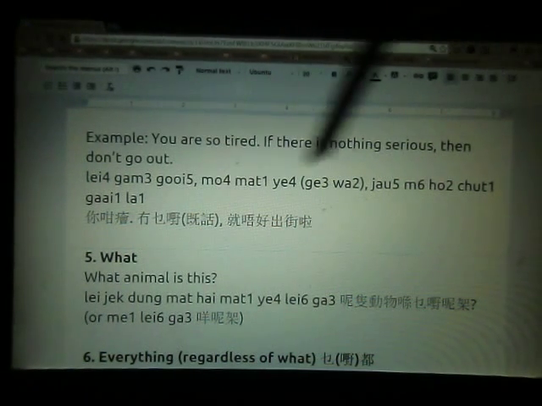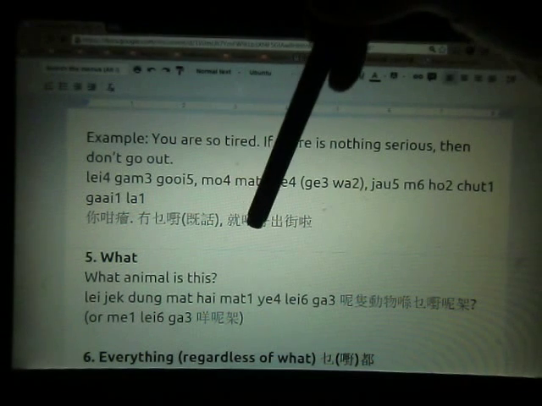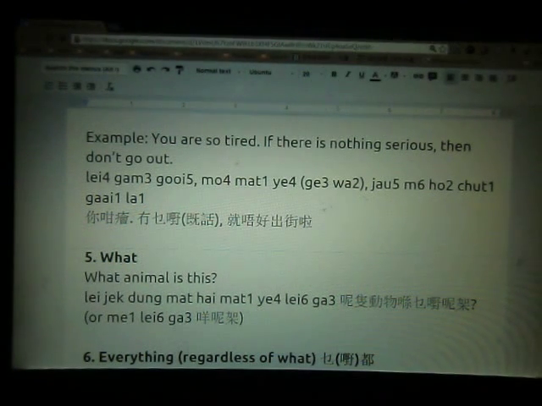就 then don't go out 唔好出街. 好 sometimes can be used to mean should. 唔好 should not.